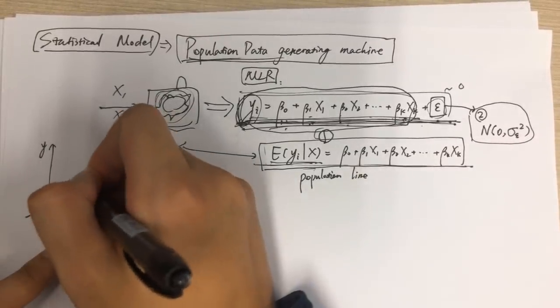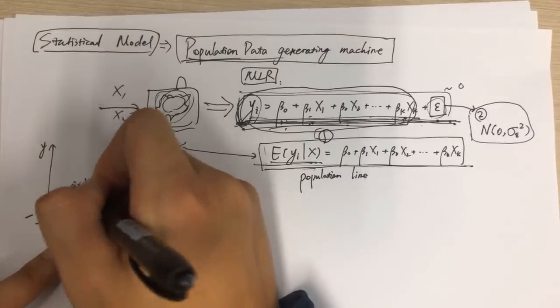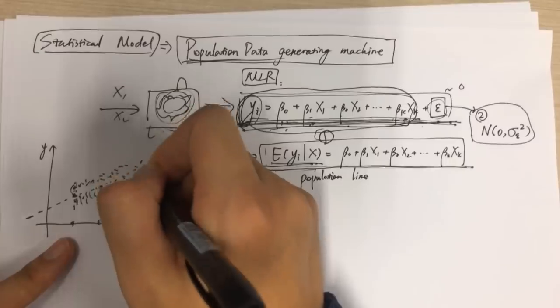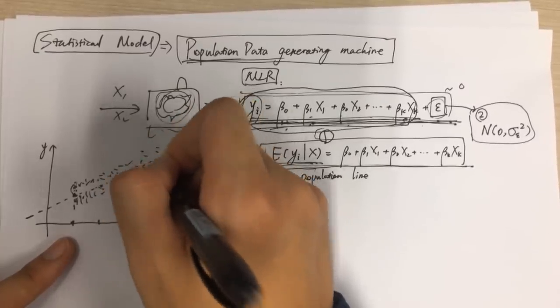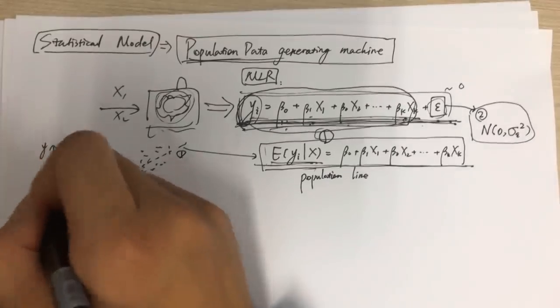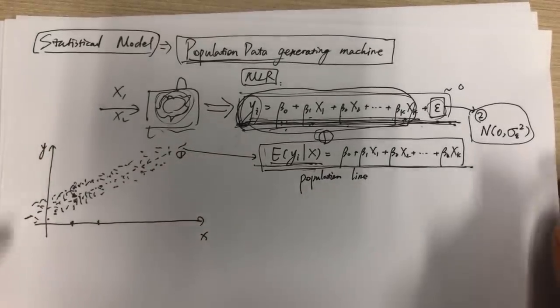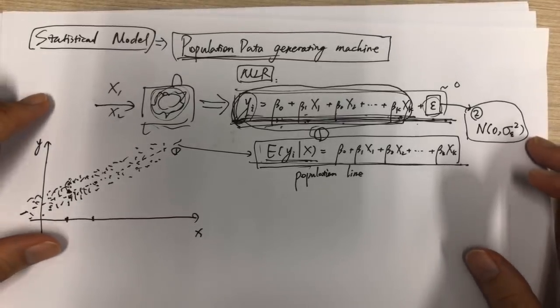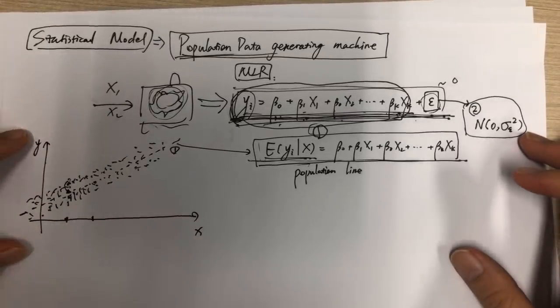Therefore, for any given x, we can observe data like this. Okay, so that's all about the multiple linear regression model.